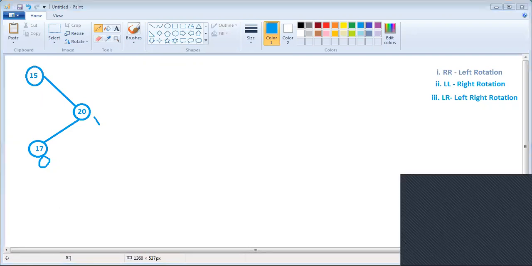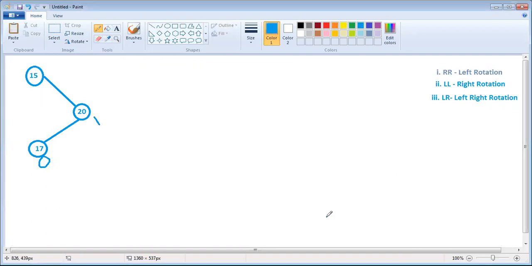Here 0, and here the height is 2. So -2. Correct? Yes, ma'am. Is it right, guys? Yes, ma'am.